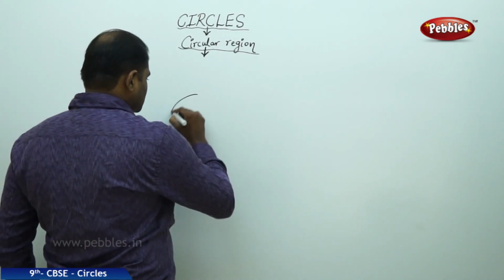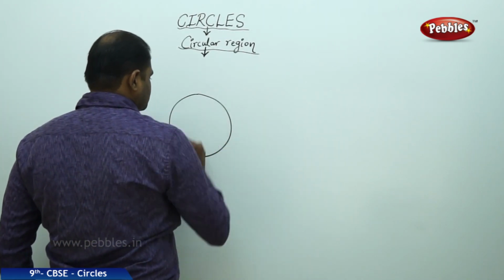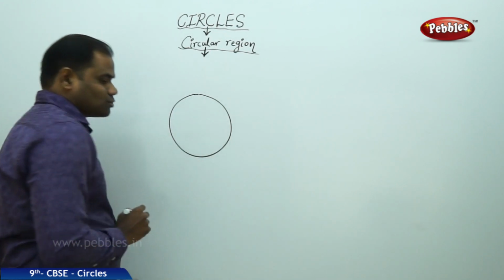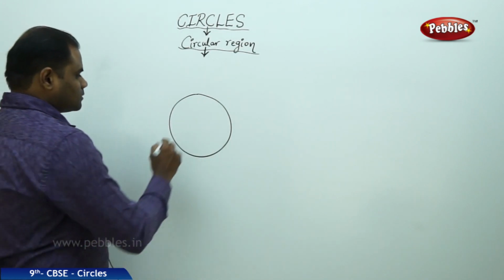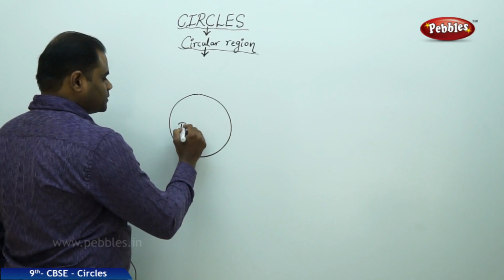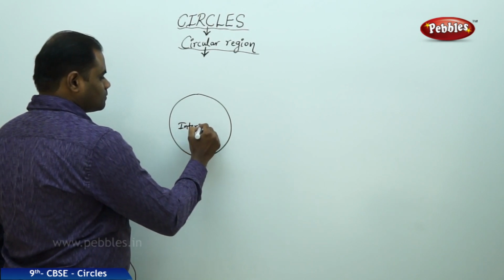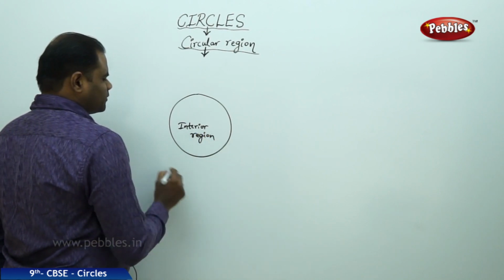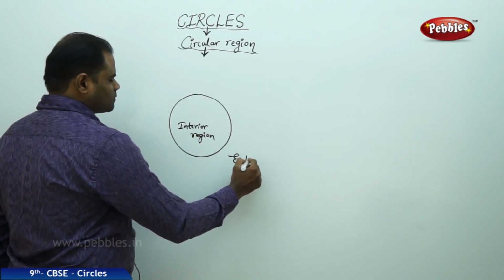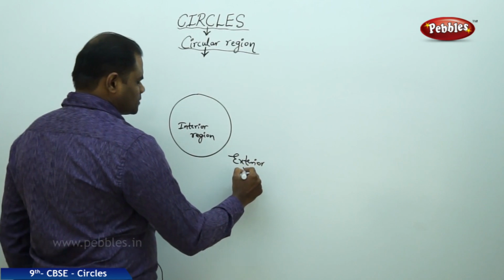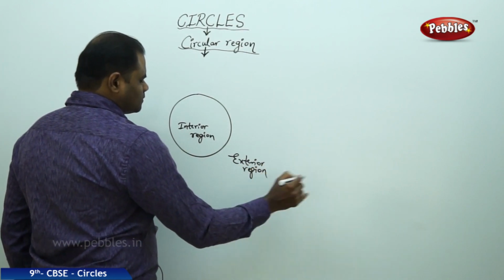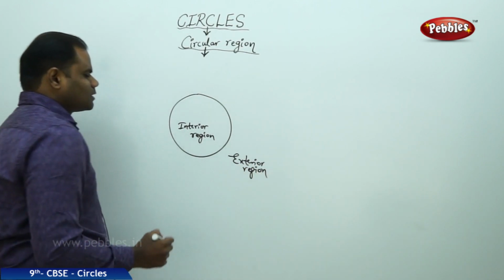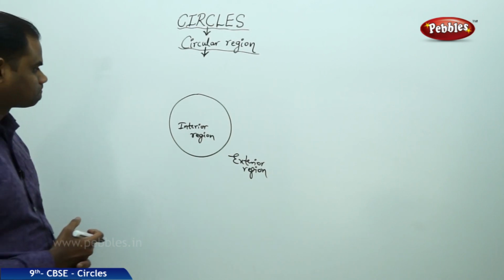Now I have a circle on this white marker board. Then I have understood the region inside, which is interior region, and the region outside, which is exterior region, are the two regions out here.